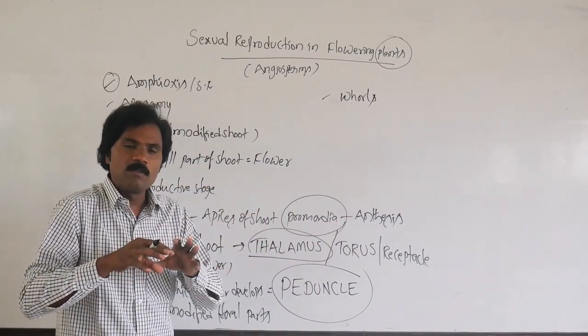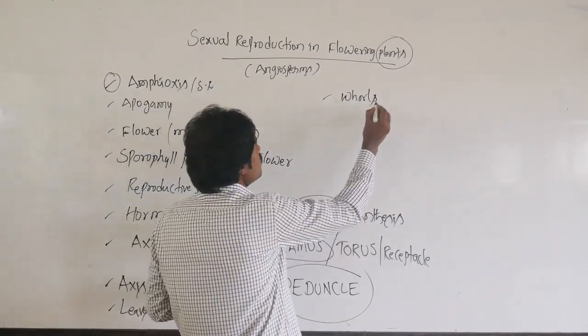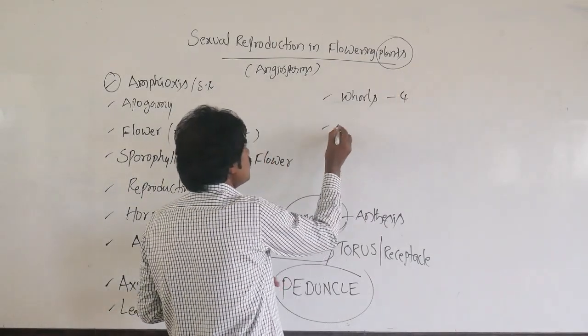Normally they are arranged into 4 whorls.